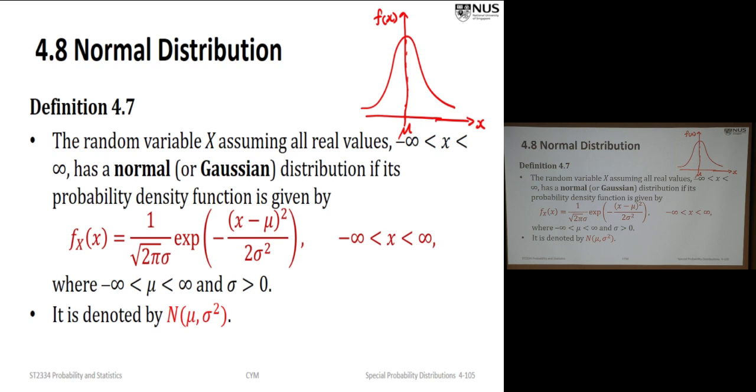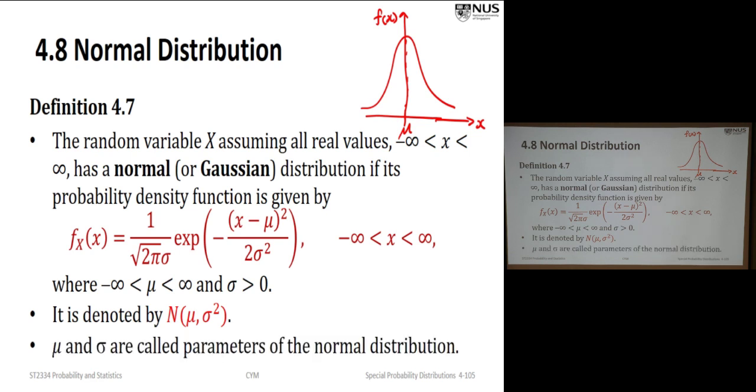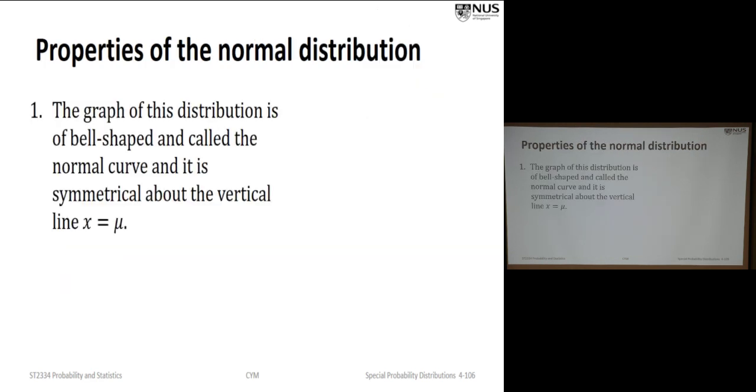We have to see the link between these two constants in the PDF and the expectation and variance, because we have ideas what we mean by expectation and variance of a random variable. So we link these to the parameters of the distribution. In this case, it turns out that the first one is the mean, while the second one is the variance.